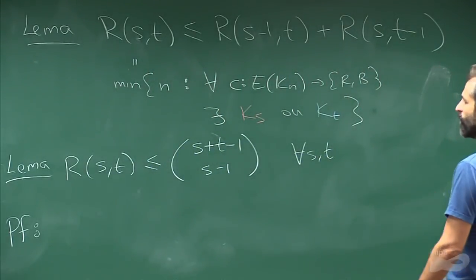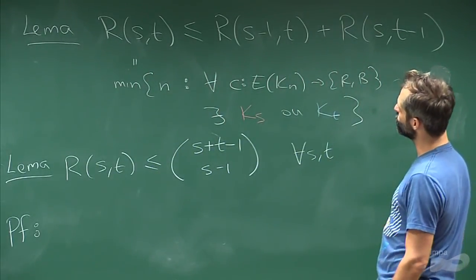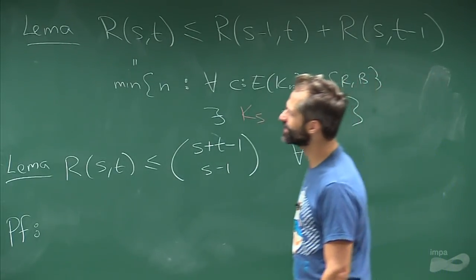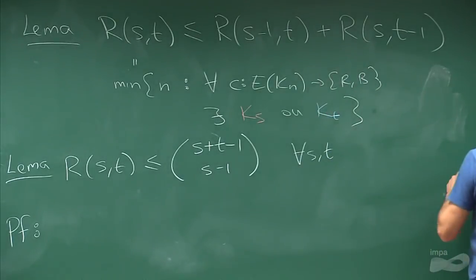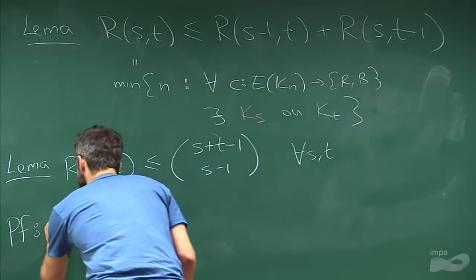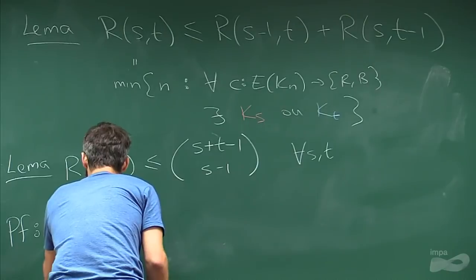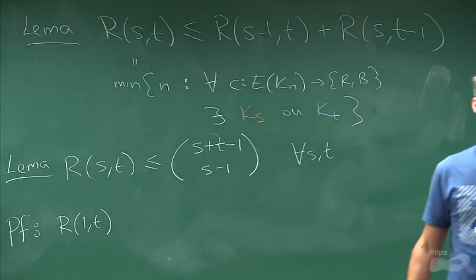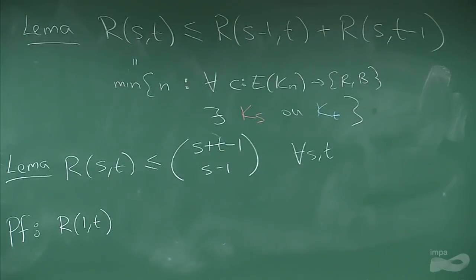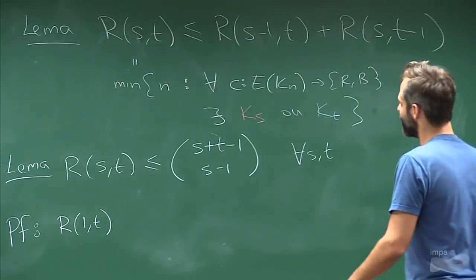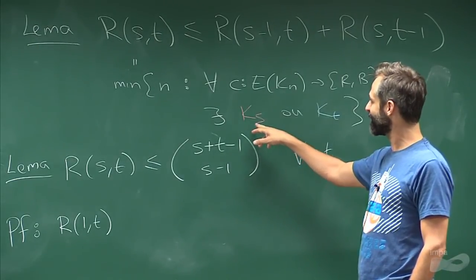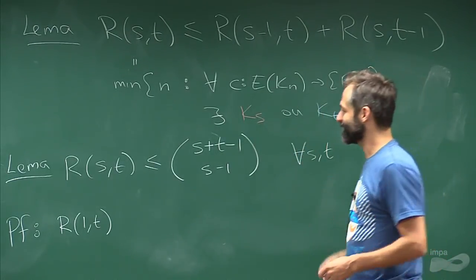Okay, check it for s equals 1. What is R(1,t)? Right, it's 1 because you don't get to colour anything, and you get a red K_1.